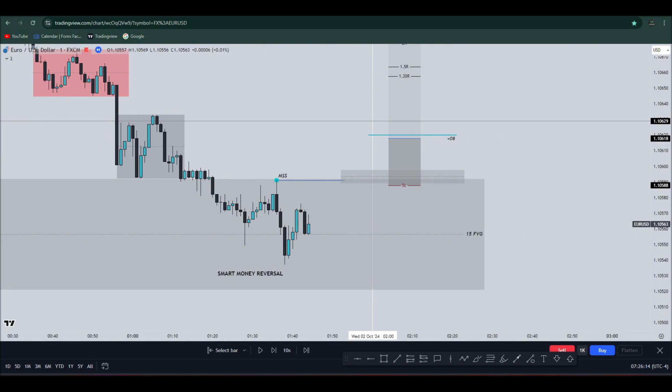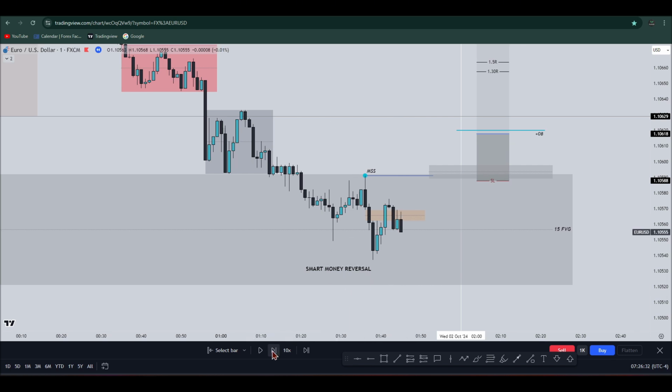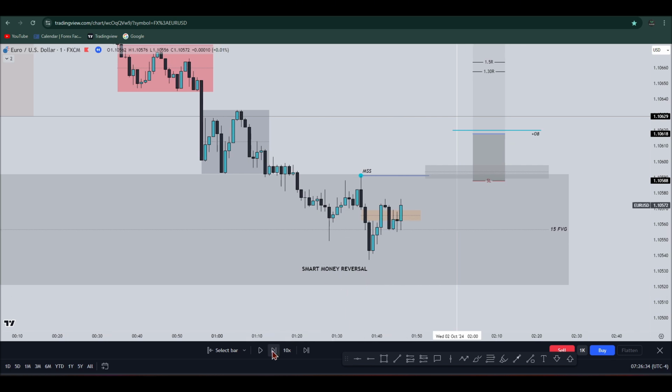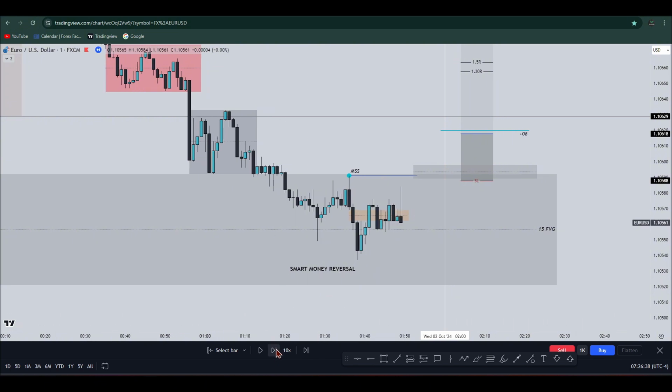I can immediately see an inversion fair value gap being formed here, which is a great sign for bullish price action. This bearish fair value gap broke to the upside and now became an inverted fair value gap. We'll see if that holds. So now we're on it.